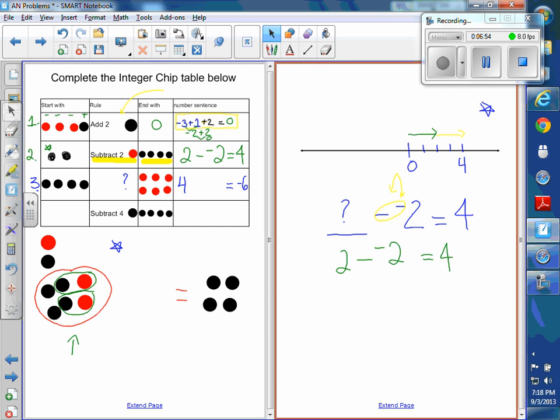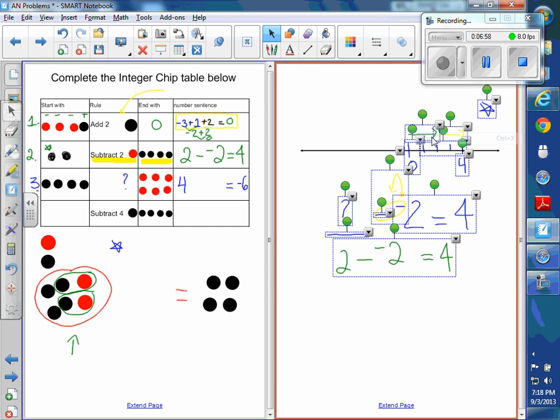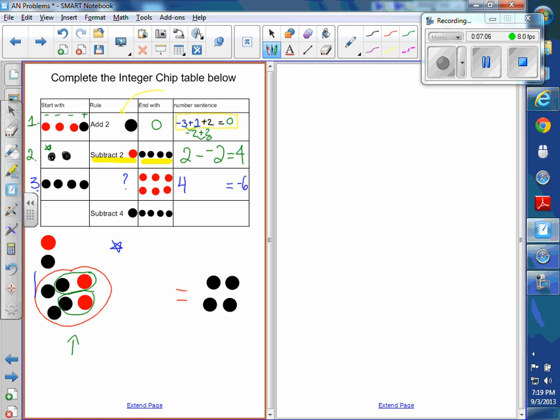So let's try starting with the integer chips.